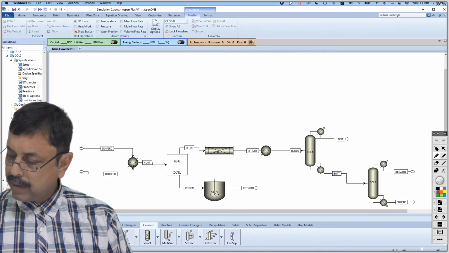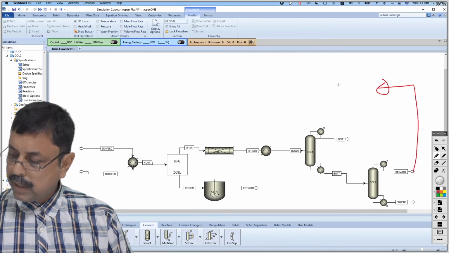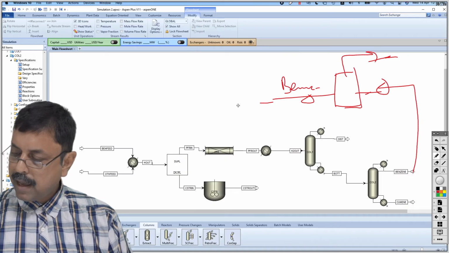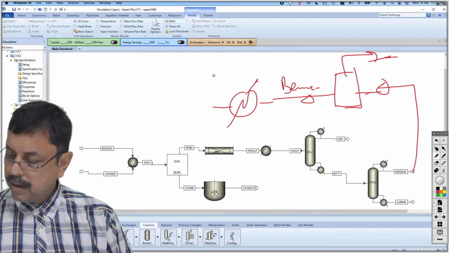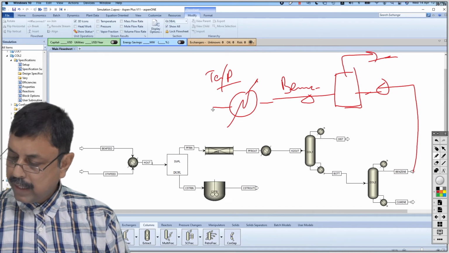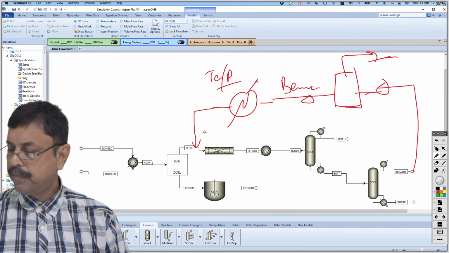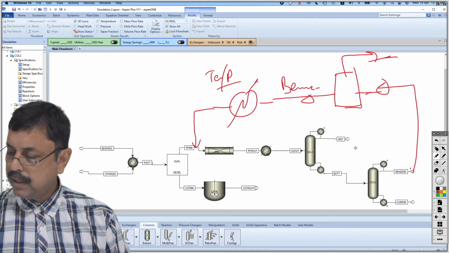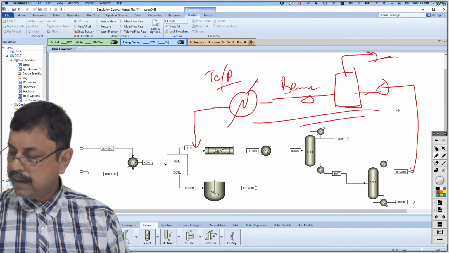So this one we will pass through a membrane separator where benzene will be separated from all others, and this benzene has to pass through some heater where temperature and pressure correction will be there, and that we can attach with the feed line so that this benzene can be reused in the system.